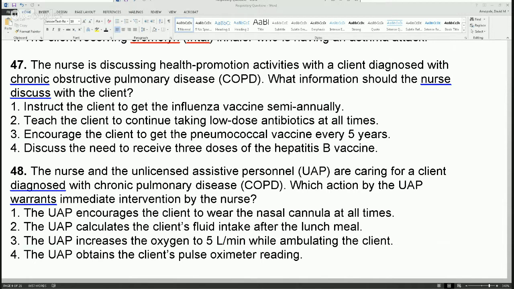This is a deep vaccine. Hard time breathing. How about one? It is not one because it's supposed to be taken annually, not semi-annually.